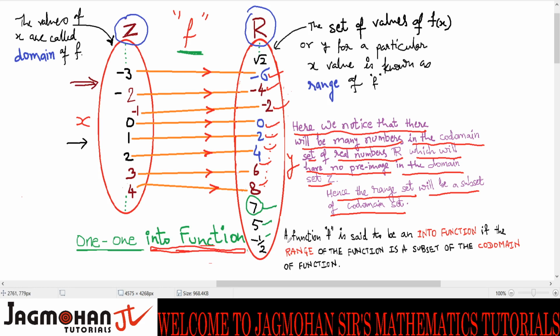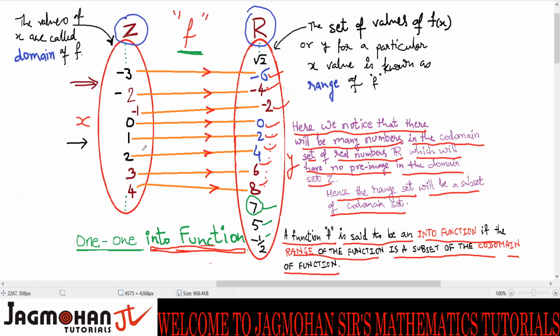Now I read this, check this out. A function f is said to be an into function if the range of the function is a subset of the codomain of the function.